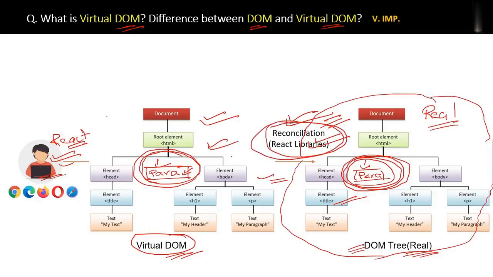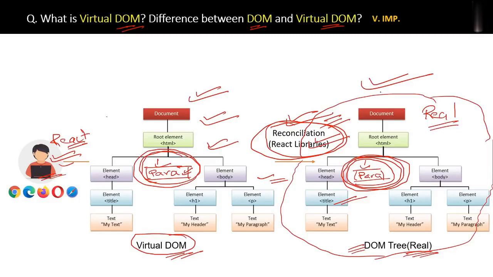Great. So earlier we were directly updating the real DOM, which was a single step process, but now in React, first the virtual DOM and then the real DOM will be updated. It's a two-step process, but yes, now rather than re-rendering the whole DOM directly, we are updating only the changed elements in the virtual DOM and the same in the real DOM.